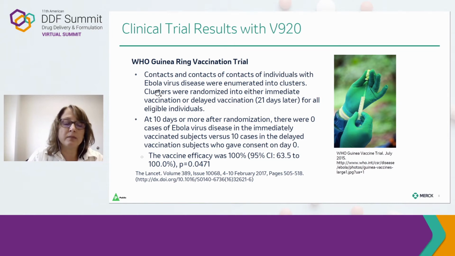For the trial itself, the clusters were randomized into either immediate vaccination or delayed vaccination. At 10 days or more after randomization, we didn't have any cases of Ebola virus disease in the immediately vaccinated subjects versus 10 cases in the delayed vaccination subjects. So in this study, the vaccine efficacy at that point was 100%.